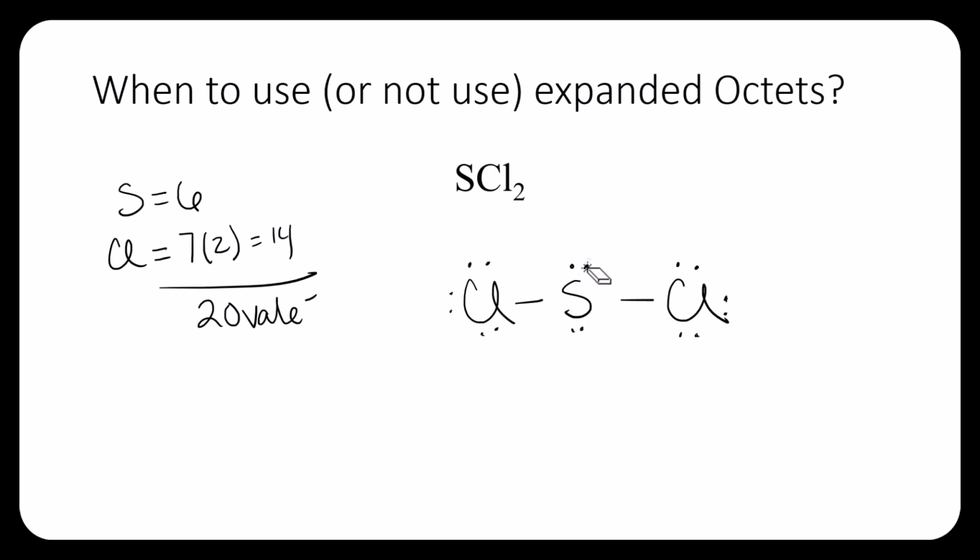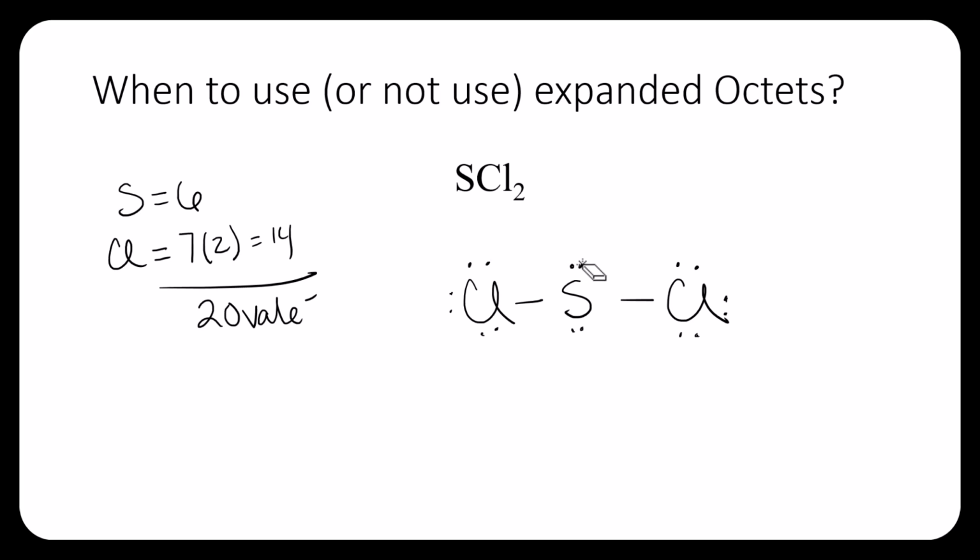Again, this is another example where I was able to write this Lewis structure with just single bonds. Sulfur is technically in the third energy level, and we could expand his octet, but there's absolutely no need to. We can write this Lewis structure with single bonds. Everybody's fulfilled and happy.